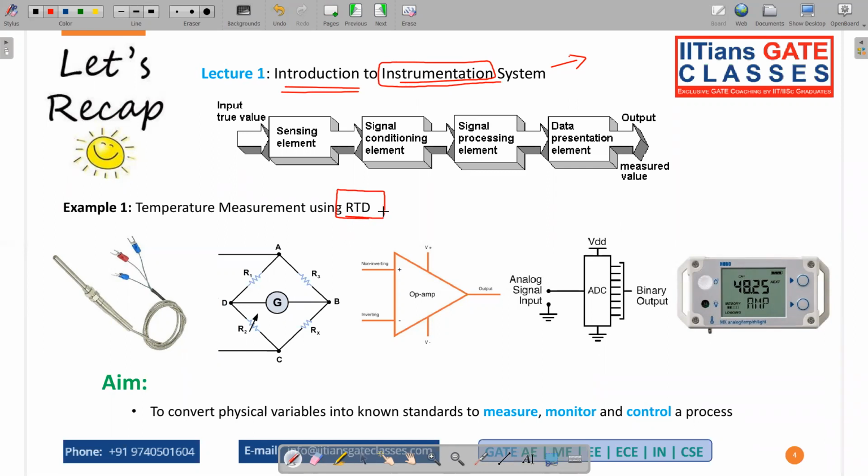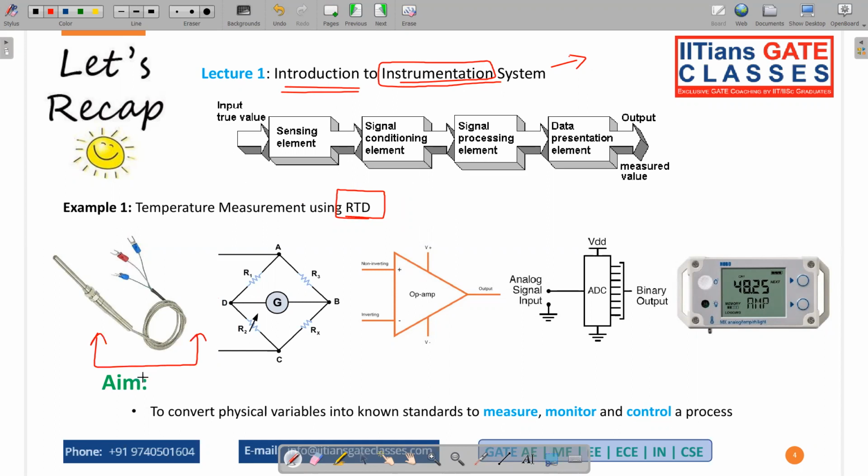It is used to measure the change in temperature and provides the output as change in resistance. We took a few other examples like temperature measurement using thermocouple. We took one more example, that is the weight measurement system, right? So what we studied in the last lecture is the block diagram. Here we took the first sensor as RTD.